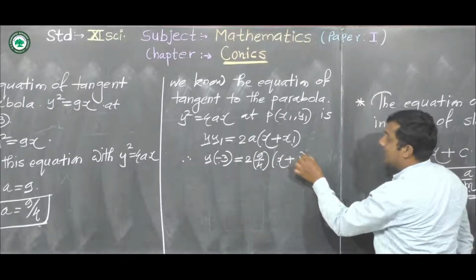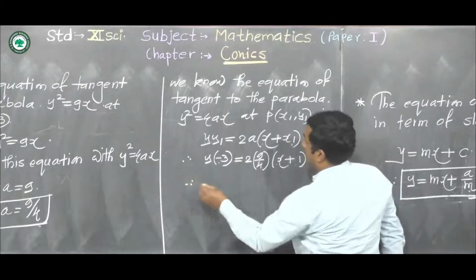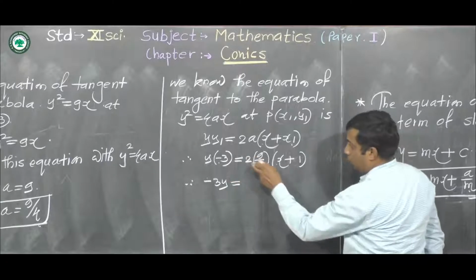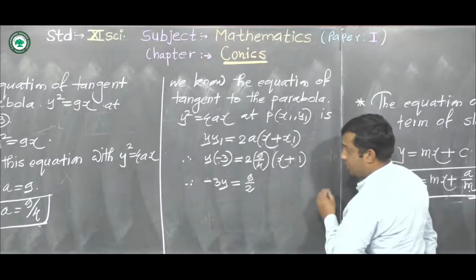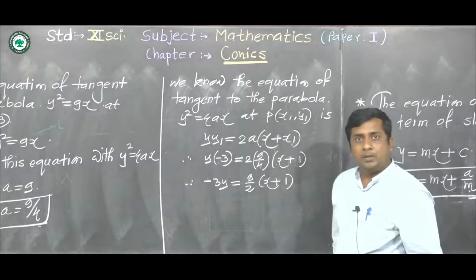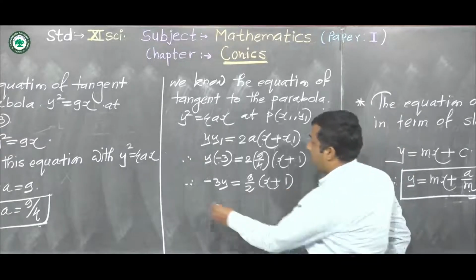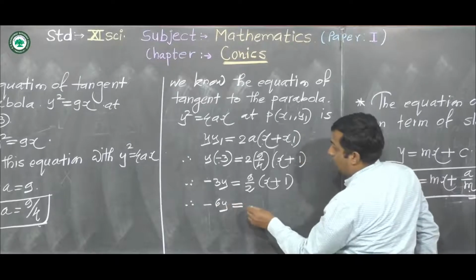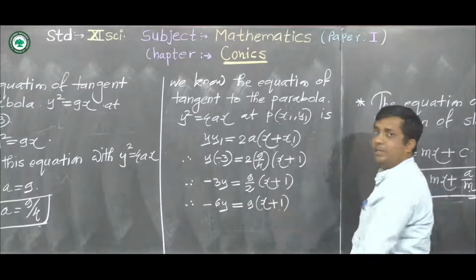Here x1 is 1. If we solve this part, here we get -3y is equal to, we know 2/4 is 1/2, here we have 9/2 inside the bracket x plus 1. Now we multiply both the sides by 2. If we multiply, here we get -6y is equal to 9 into bracket x plus 1.